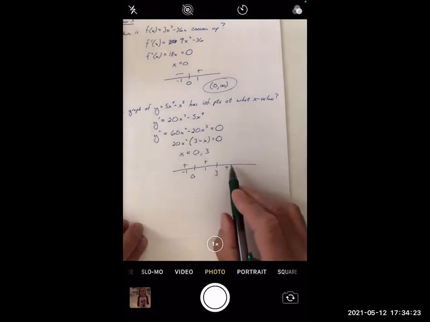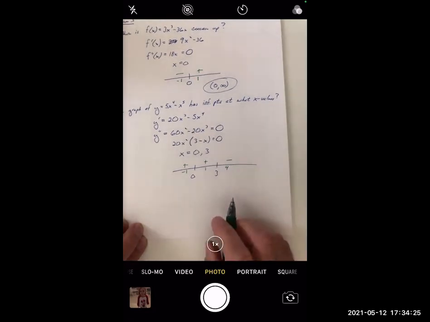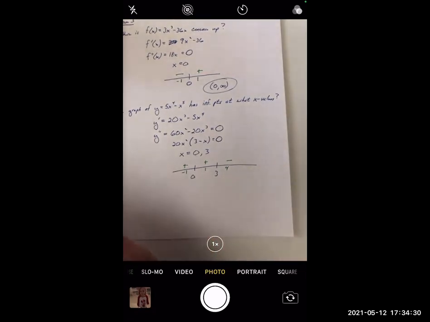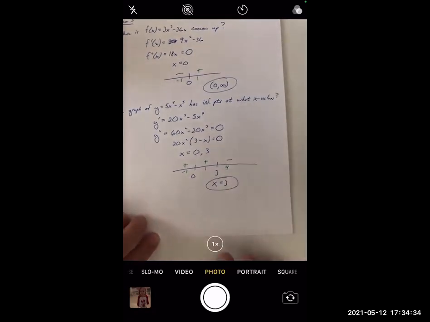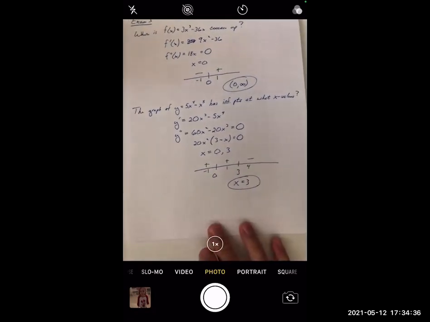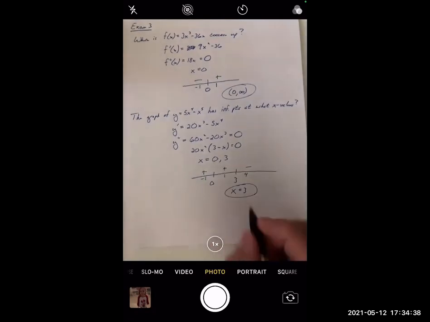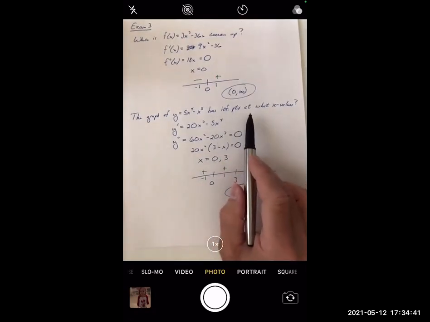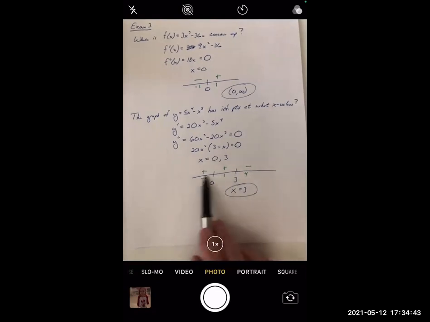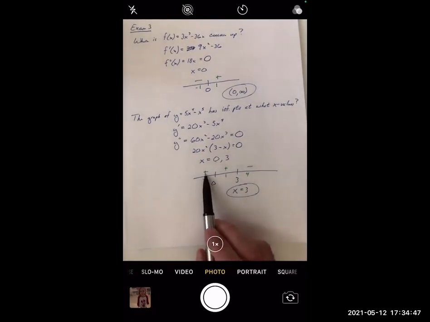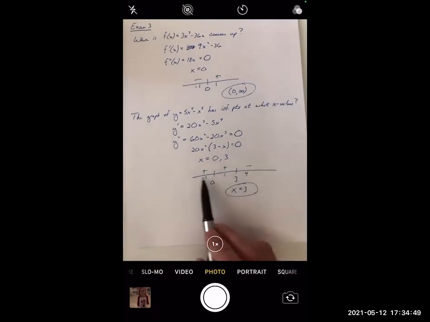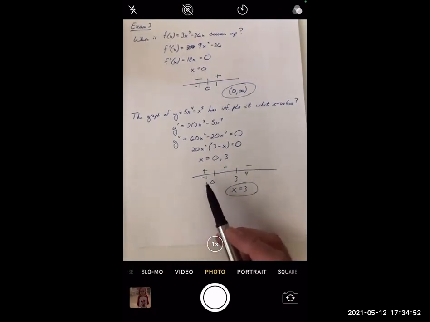And if you plug in the 4, that's a negative. So it only switched at x equal to 3. So that was your only inflection point. So you got to be a little bit careful. If it just wants inflection points, you still got to test them to make sure that concavity is switching. Otherwise, if it's like plus to plus or minus to minus, it's not an inflection point. Concavity is not switching there.